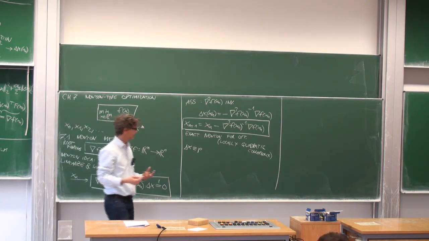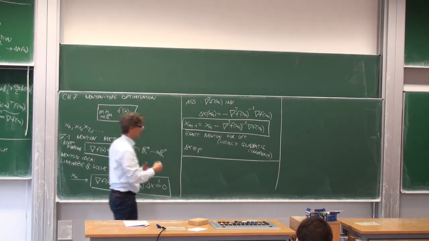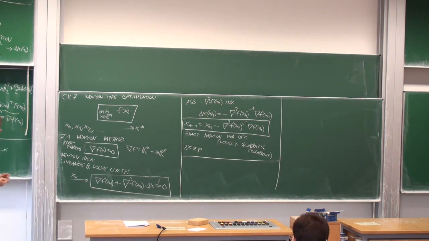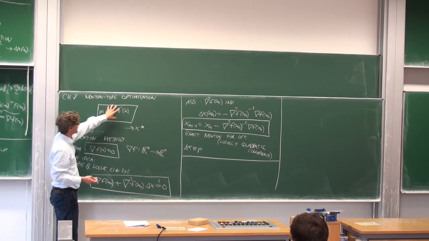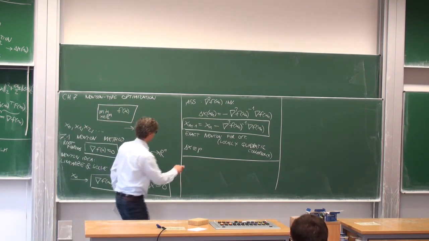And I just want to give a second interpretation to the Newton's method, which is actually based on a model. And the funny thing is we can actually say, let's look at this problem exactly. So I will give a second interpretation for the same method.